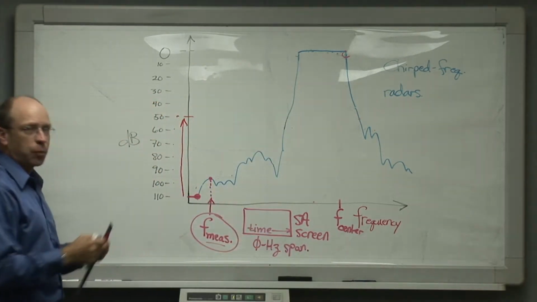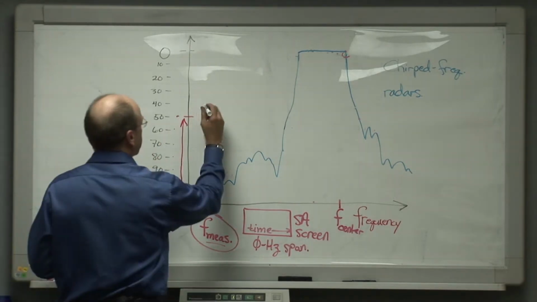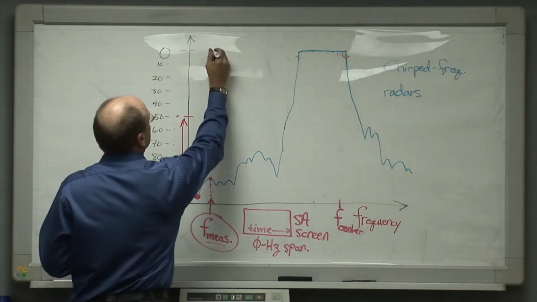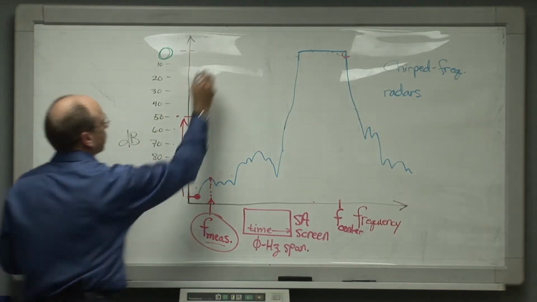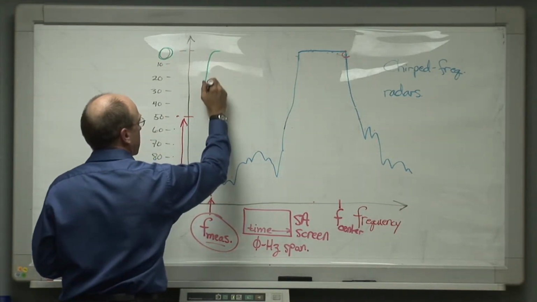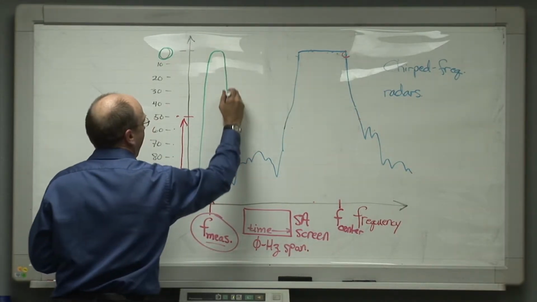We put a band pass, not a notch filter, at the front end of the spectrum measurement system, and our band pass filter looks like this in terms of rejection, where again this is 0 dB of rejection. The band pass filter looks like this right here.